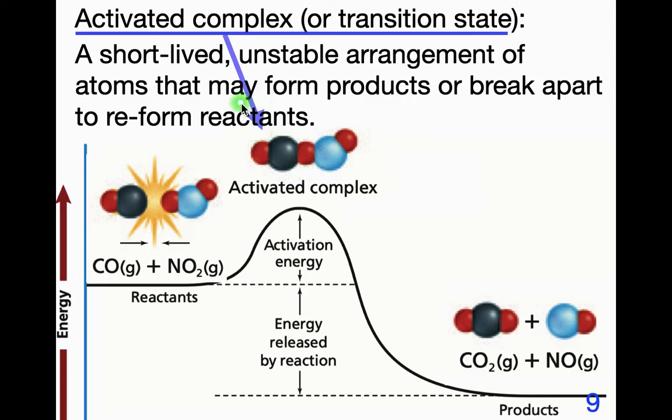But like it says here, it may form products or break apart to reform the reactants. So like I said earlier, that would be the case of the ball rolling up the hill, but not quite making it over, and just coming back down to reform the reactants. But with sufficient activation energy, it will form products.